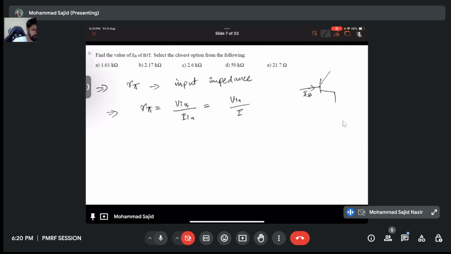If I write here IB and multiply in numerator as IC and denominator as IC, can you tell me what I can write for R pi now? IC by IB is beta, right? And what is IC by V in? You just did this in the previous question.